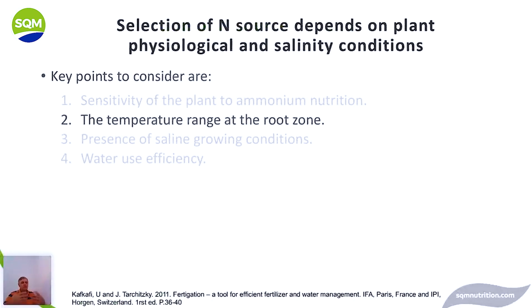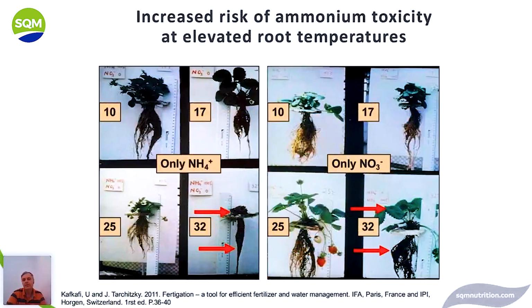So this is what you can expect about the balance and the antagonism and synergies between the nutrients. Another point to consider is the temperature at the root zone. This is to exemplify a scientific trial that was conducted in France and presented as well in Switzerland.